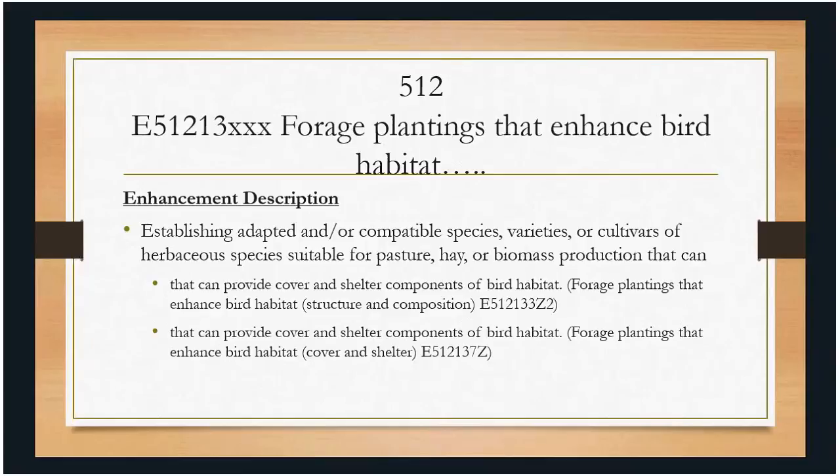So for the one that's enhancing the bird habitat, the enhancement description is establishing adapted and or compatible species, varieties, or cultivars that can provide cover and shelter components of bird habitat, or that can provide... does that say the same thing?